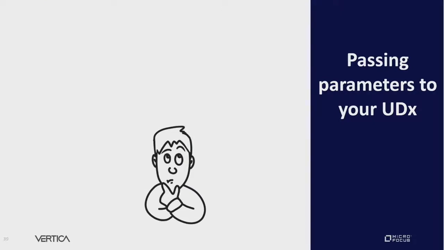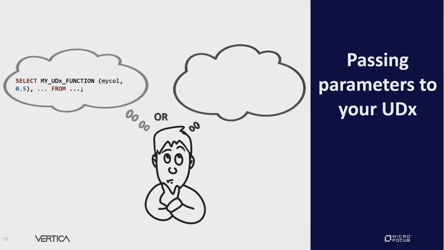Another important aspect is how to pass the parameters. There could be two options. You call your function with the attribute column and then the constant value as another attribute, or you can call your UDx function with the argument and then use the USING PARAMETERS clause and pass the parameter's name and value.